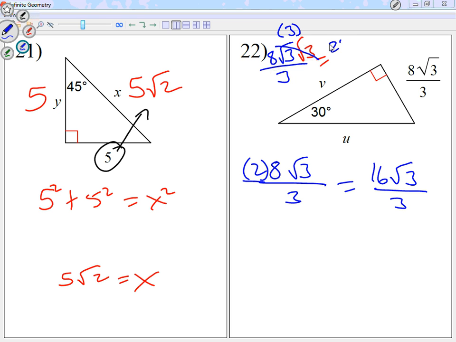So I have 24 over 3, better known as 8. So as long as we start from the small side, to get to this side, we multiply by radical 3. To get to the hypotenuse, we multiply by 2. Obviously, if I'm going backwards, I divide. Any questions on these?